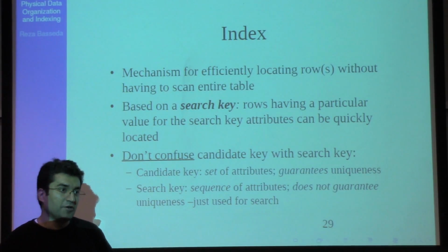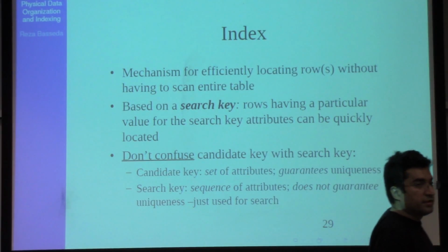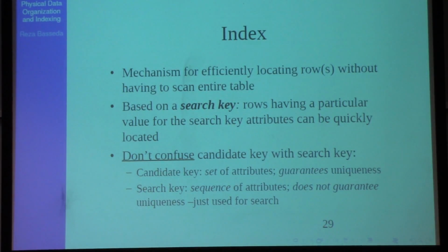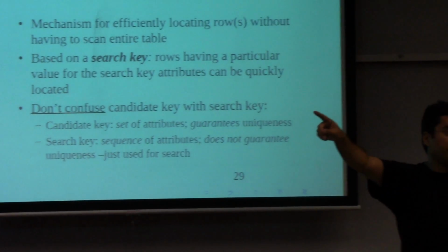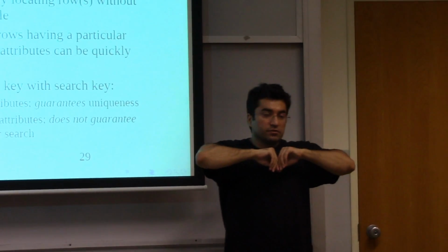We can use it. Basically, usually the primary key should also be indexed. Why? Because the primary key is used to compute and answer join queries, right? When you are joining two tables, the primary key from the student is a foreign key in the course registration table.